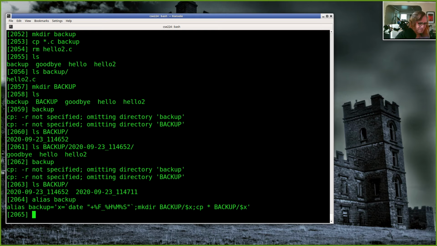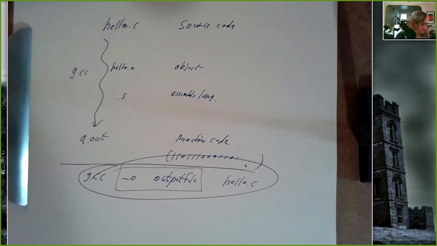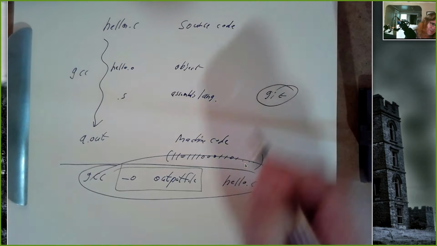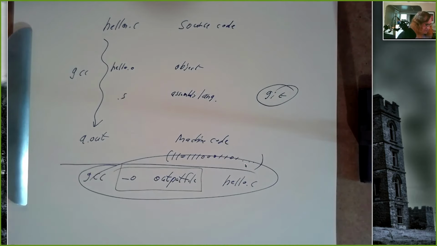Well, we're going to talk about something called Git. Possibly the end of this week, definitely by next week. Git is a proper way to maintain backups. It not only keeps track of older versions of your files, it gives you a way to get back to them easily.